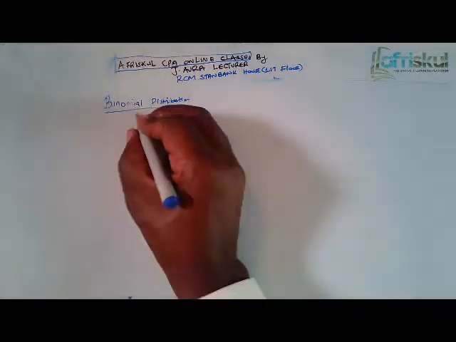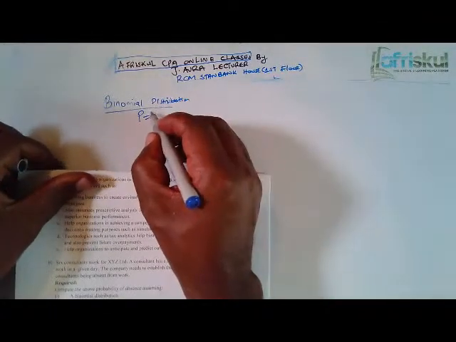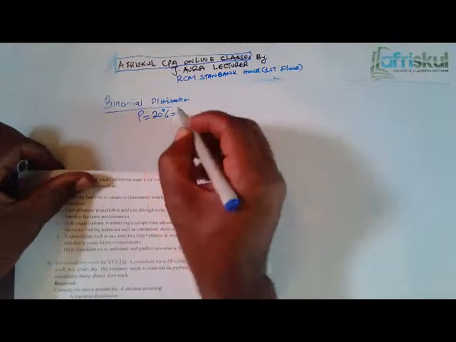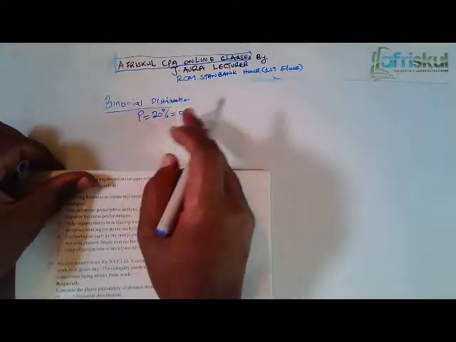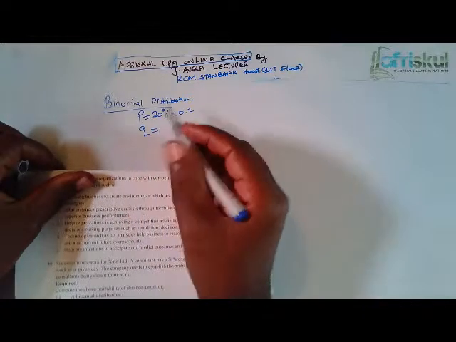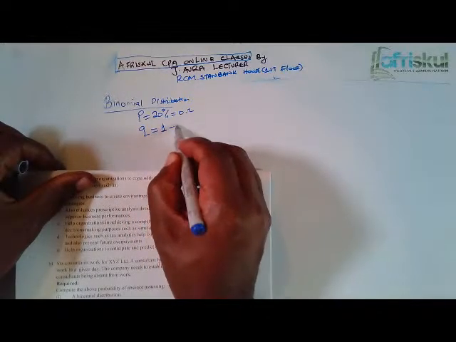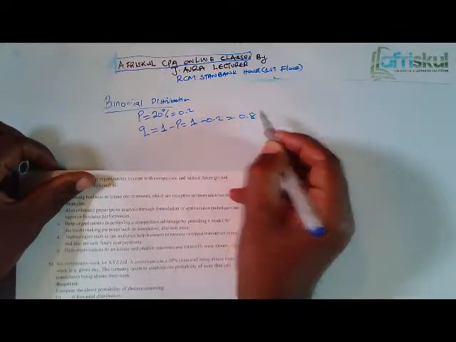The chance of success is what we call P, which you must start by defining. The probability of this person being absent, we've been told, is 20%. So this will be 0.2. If that is the chance of being absent, then the chance of being present, which will be defined by Q, will be 1 minus P. So it is 1 minus 0.2, which gives us 0.8.